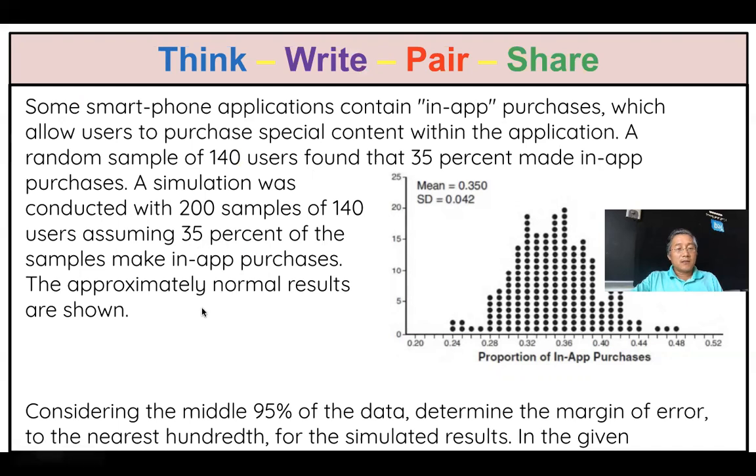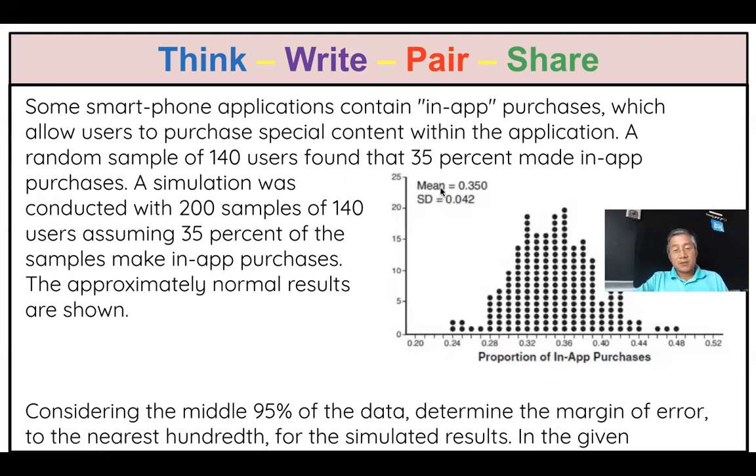The approximately normal results are shown. Considering the middle 95% of the data, determine the margin of error to the nearest 100th for the simulated result.